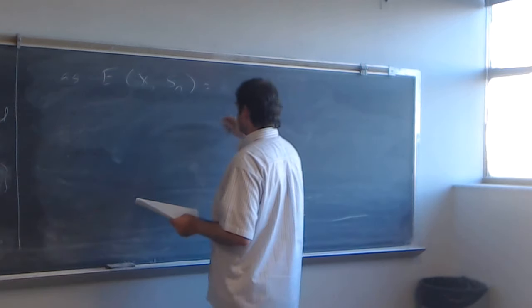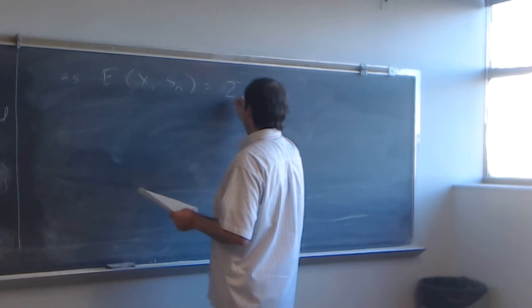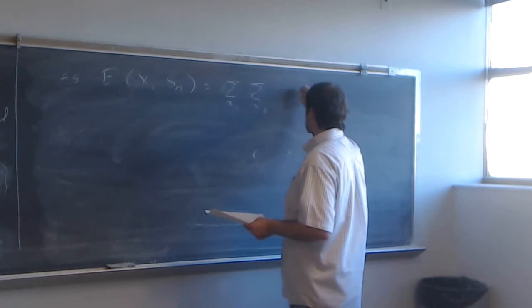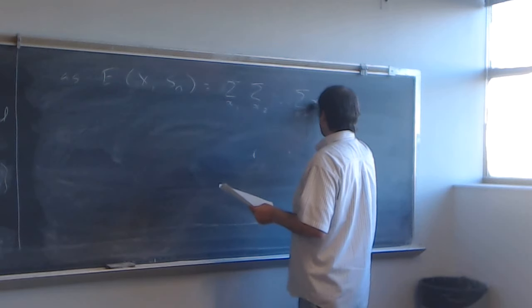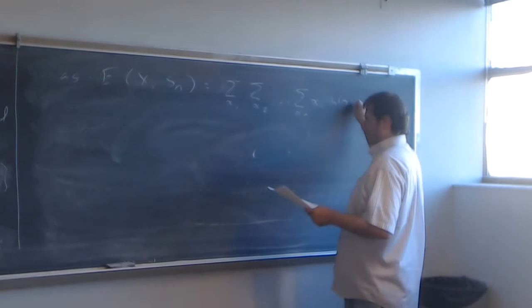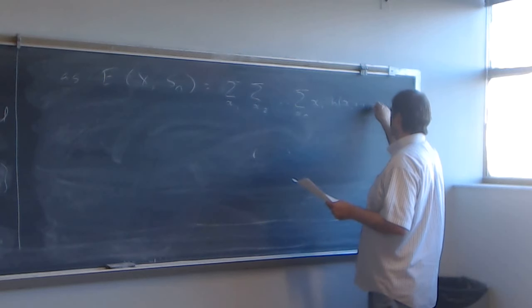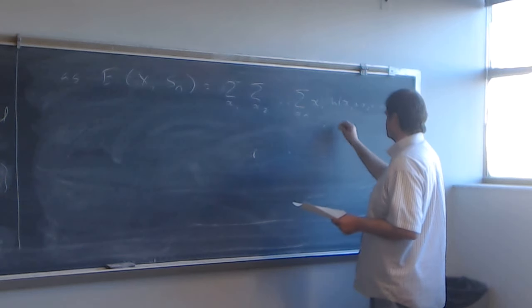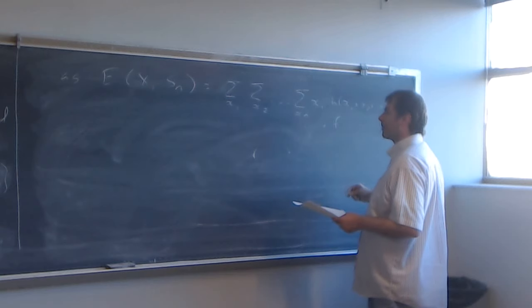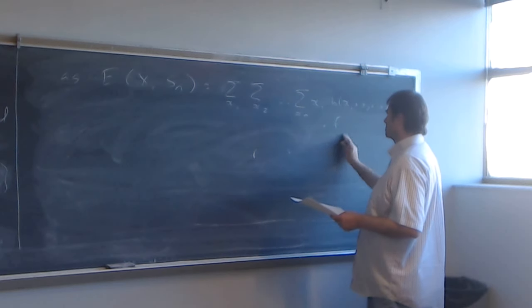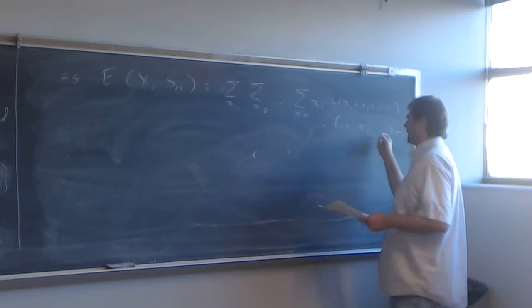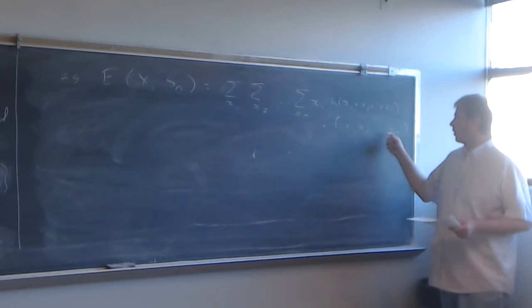So if we look just at this part, this will be the sum over x1, sum over x2, the sum over x of n of x of 1 times h of x of 1 plus x of 2 plus all the way up to plus x of n, I've run out of room, times f of x of 1, x of 2, all the way up to x of n. That's the joint PMF involving x of 1 up to x of n.